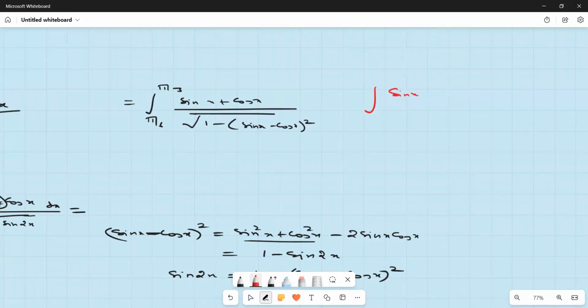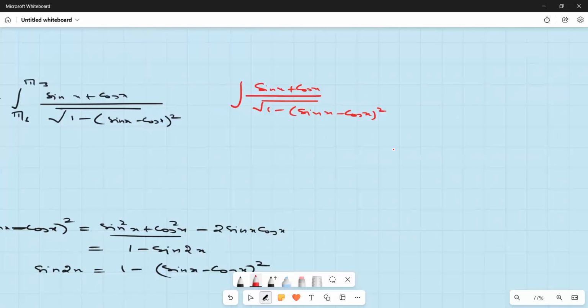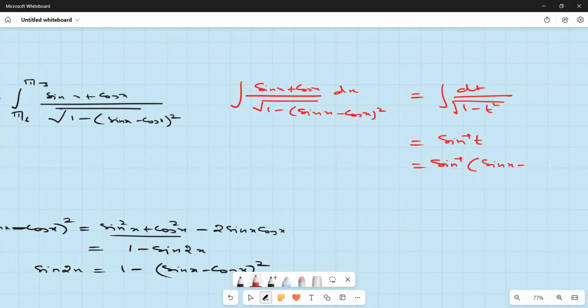Sin x plus cos x upon 1 minus sin x minus cos x whole square is equal to dt upon 1 minus t square, right? Which is equal to sine inverse t, which is equal to sine inverse of sin x minus cos x, right? Now substitute this value over here.